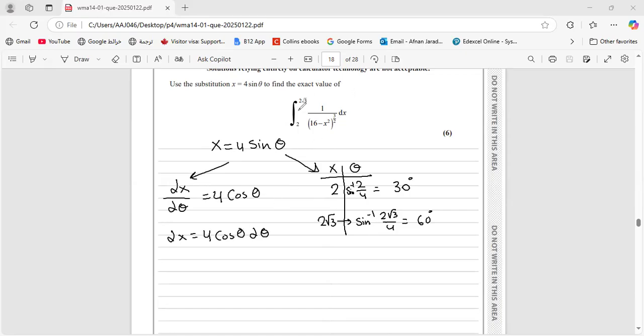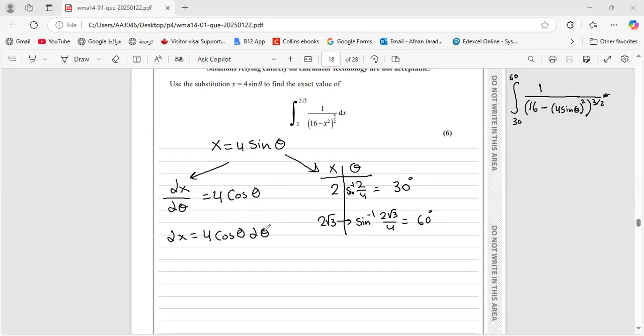So now you need to convert all this equation from x to theta to use the substitution. So it will be the integration from 30 to 60, 1 over 16 minus, instead of x, 4 sine theta. So 16 between parentheses, and this one 4 sine theta squared to the power of 3 over 2 also, multiplied by dx.